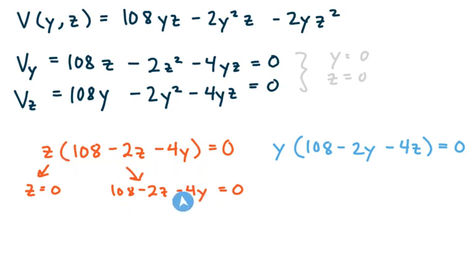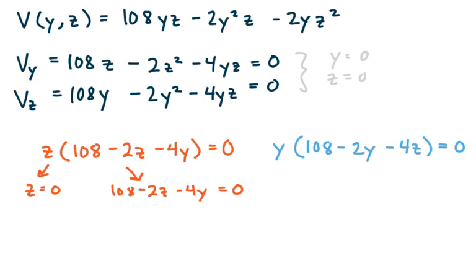Now, I have two equations with two variables. I can use substitution or elimination. Since they're not all organized and lined up with the same variables, it's easier for me to use substitution. So I'm going to look at this equation and isolate y. You could isolate z; it really is arbitrary.